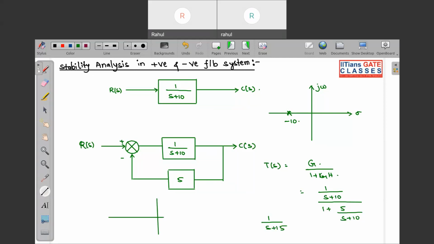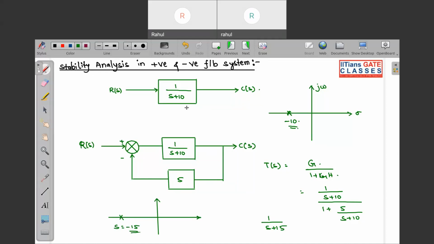If you draw the pole-zero plot, you can see the pole is at s equal to -15. So there are two systems: in one the pole is at -10, and in this one the pole is at -15.